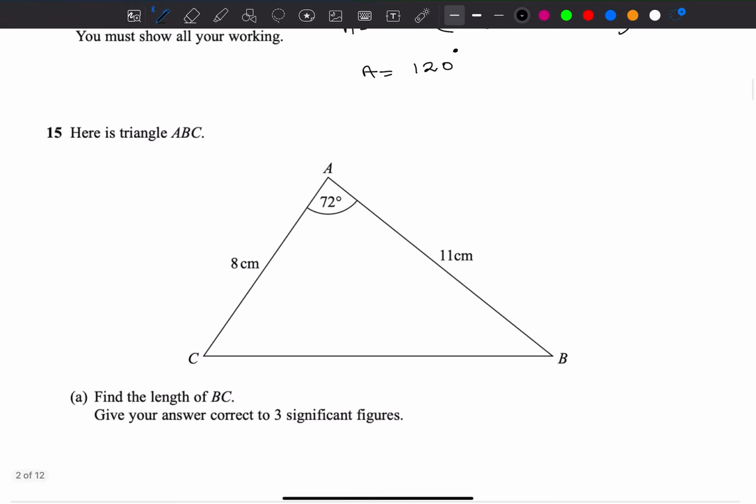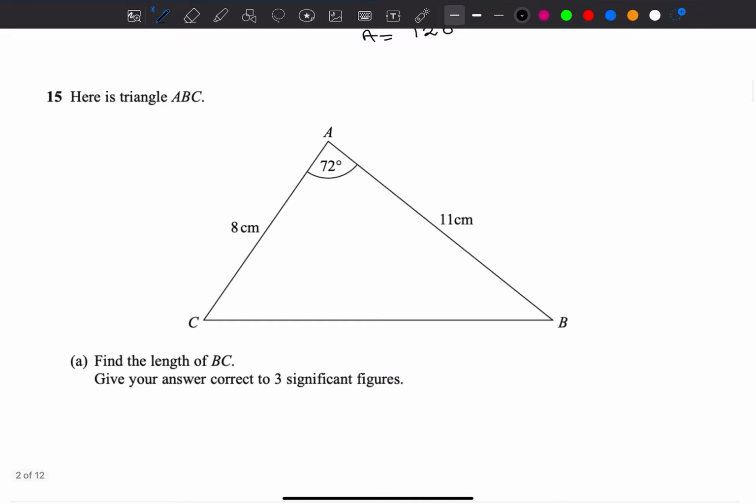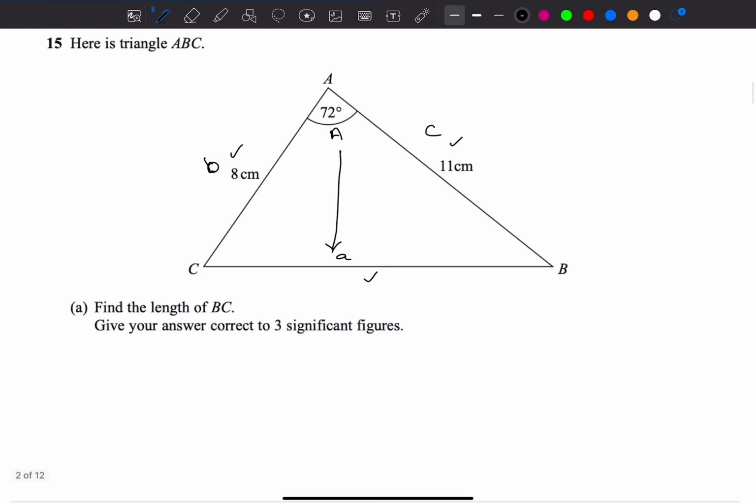Next one. Work out the length of BC. So BC is this length. So this is cosine rule because you're technically dealing with this side, and you want that side. So 3 sides, so it's a cosine rule. This would be angle A, and B and C could be anything. So let's just call it B here, C here. So you know the formula for the BC length.